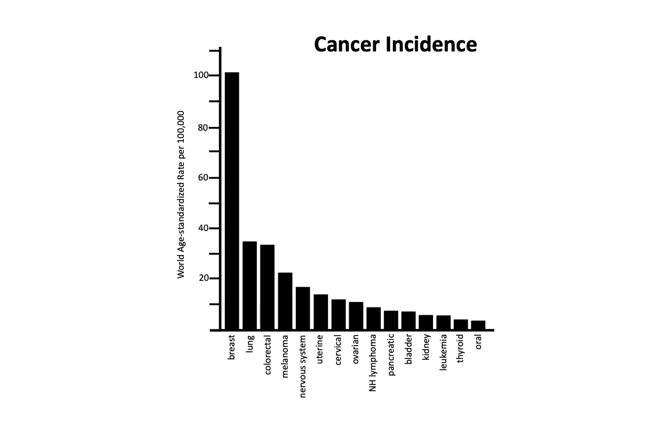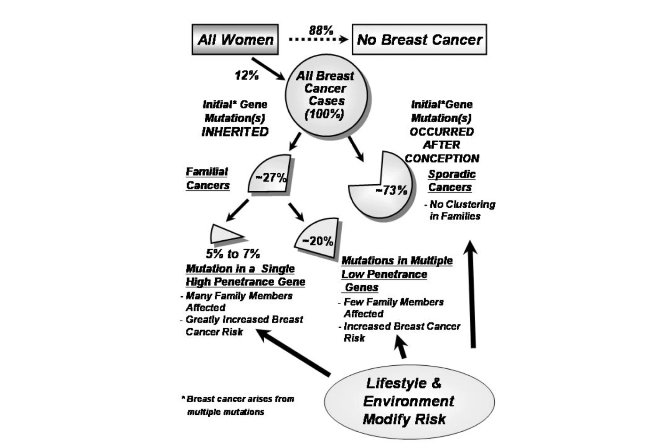Because breast cancer is so prevalent, if you look at all women, about 12% of women will experience some sort of breast cancer during their life, and 88% will not. The large majority of those, 73%, are new mutations just in that person, so they're not inherited diseases.